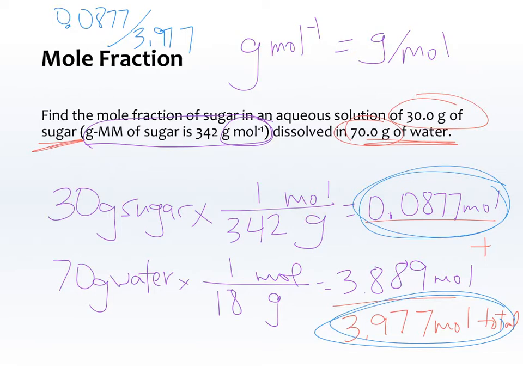And it looks like 0.022. So 0.022 is my mole fraction. There is no unit on mole fraction because it would have been moles divided by moles, so the unit cancels out. That's equivalent to about 2.2% sugar.